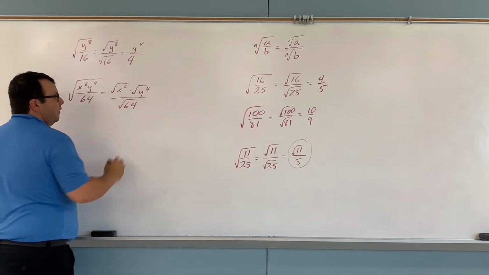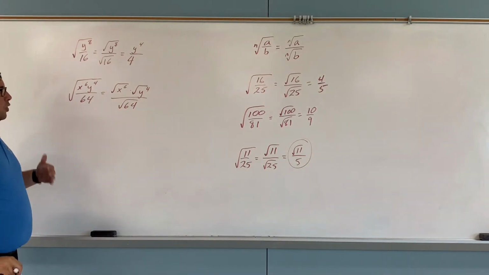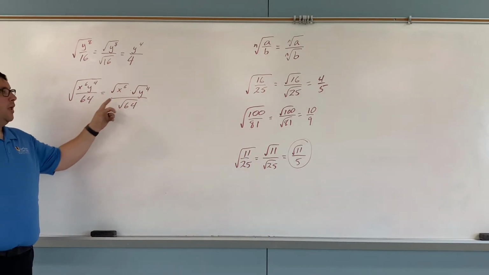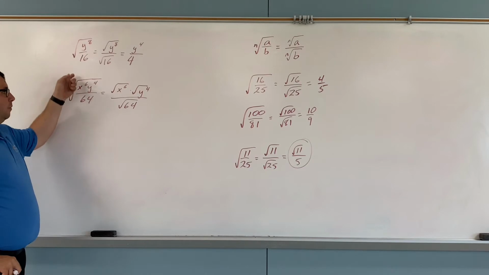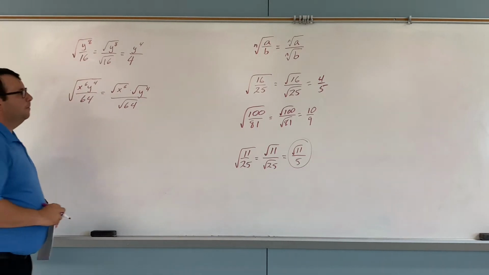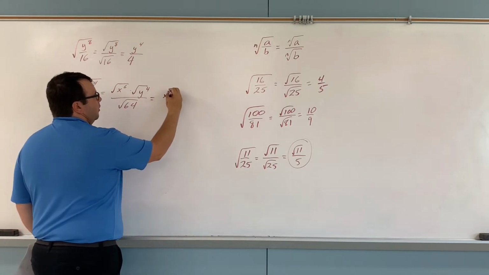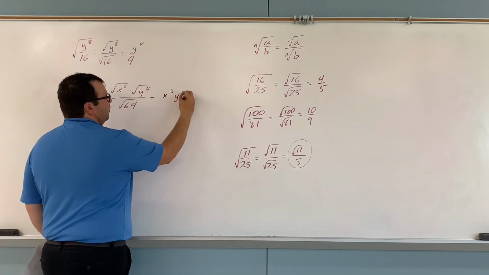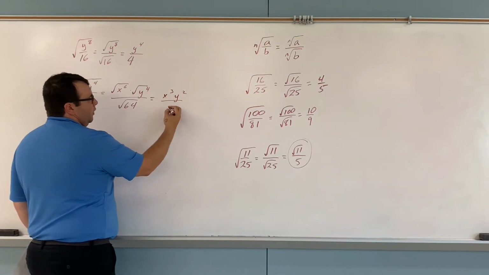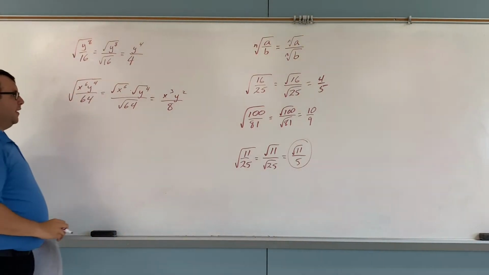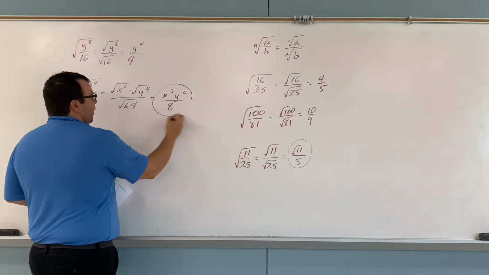And you can do this because everything is currently in multiplication or division. So I'm using that product rule to split these up, and I'm using my quotient rule to split my numerator and denominator. So I'm looking at each individual component. This is x cubed, this is y squared, and this is going to be 8. Square root of 64, 8 times 8. All right.